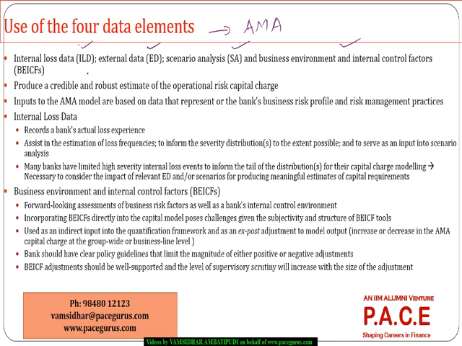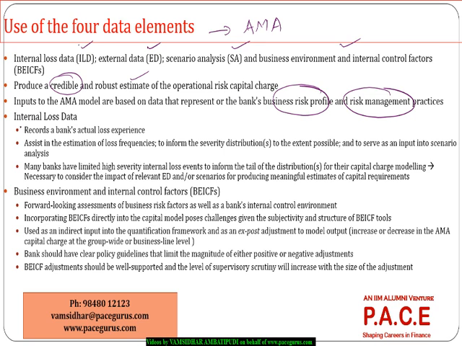All these have to be taken into consideration to produce a credible and robust estimate of ORCC. These are the major inputs into the AMA model, and all should be in line with the risk profile of the bank and the risk management practices that the bank has already put in.